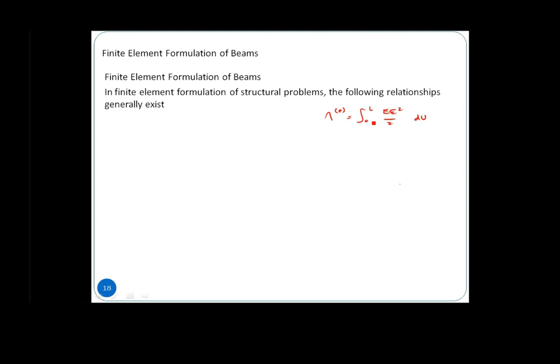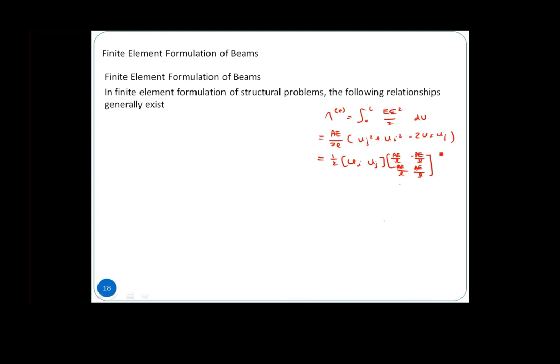We also found that it equals AE over L over 2L, then UJ squared plus UI squared minus 2 UI UJ. In the form of matrix, we can put it as 1 over 2, UI UJ, then AE over L, negative AE over L, negative AE over L, AE over L, which is our K matrix.